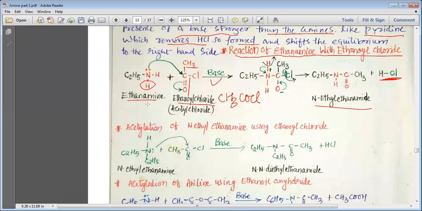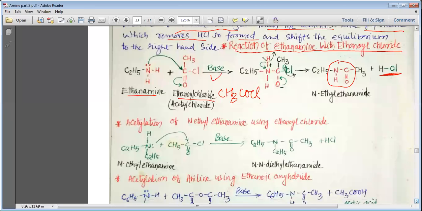The product in the case of ethanamine is known as N-ethyl ethanamide. You can see that there is an ethyl group bonded to the nitrogen, so it is N-ethyl, and two carbons are present, so it is ethanamide. The CONH group is present, and that is why it is known as amide, my dear students.